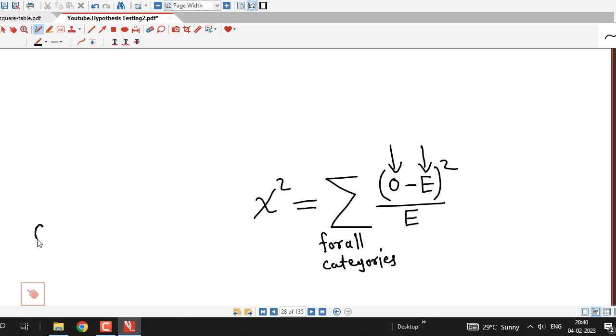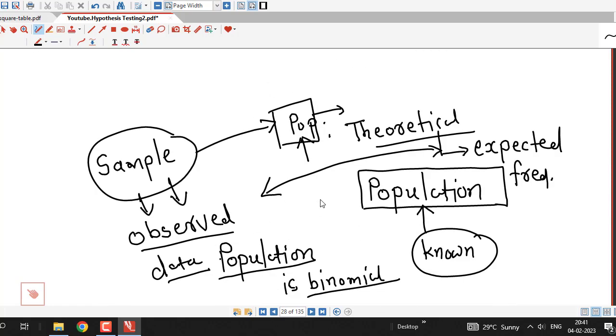So our aim is to decide how close these expected and observed frequencies are. If this difference is small, then there are chances that our null hypothesis is true, and if this difference becomes large, then we will have a large value of this chi-square test statistic, and there are more chances of rejecting the null hypothesis.